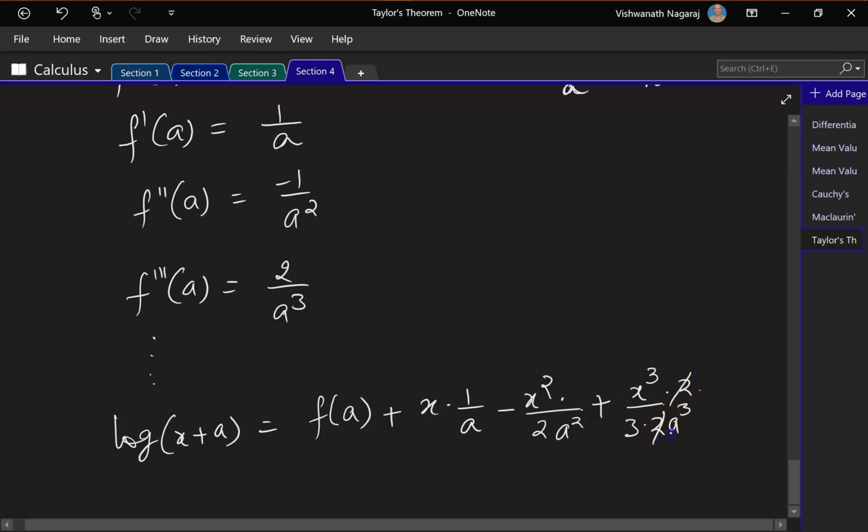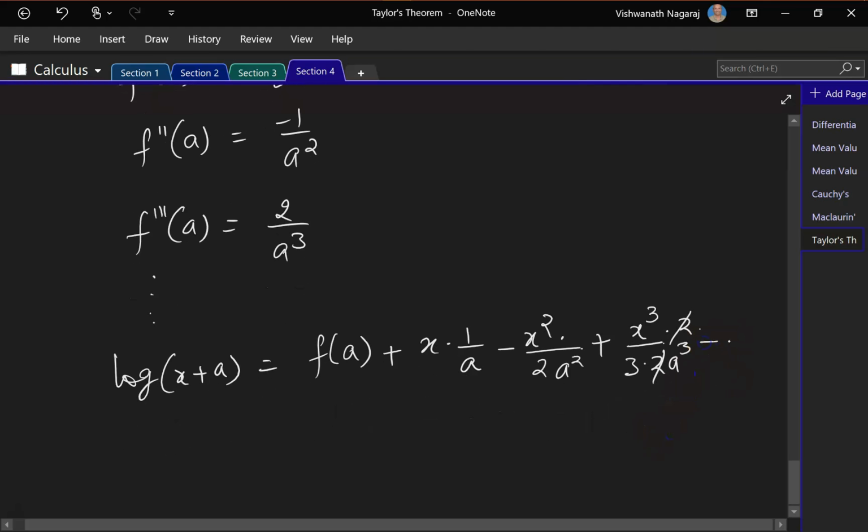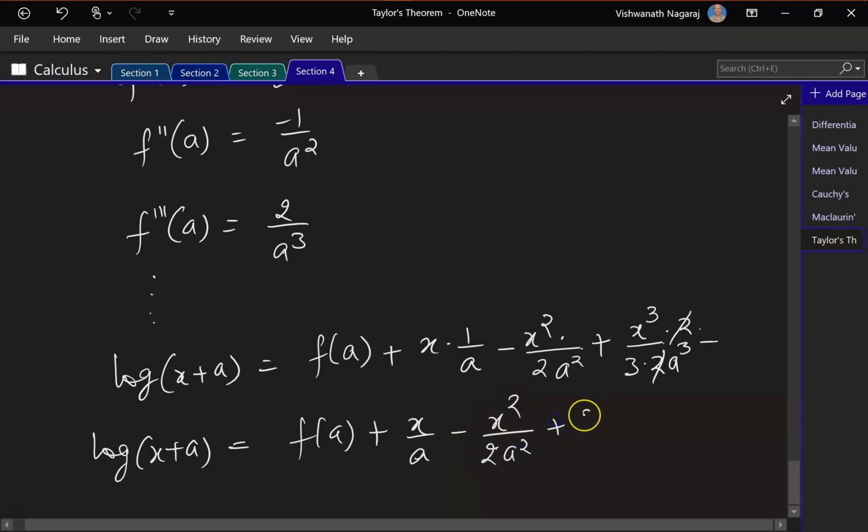So this 2 and this 2 get cancelled, and next again it will start with minus. So log of x plus a is equal to log a plus x by a minus x square by 2a square plus x cube by 3a cube and so on.